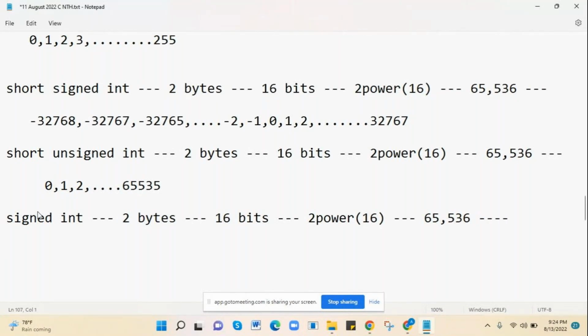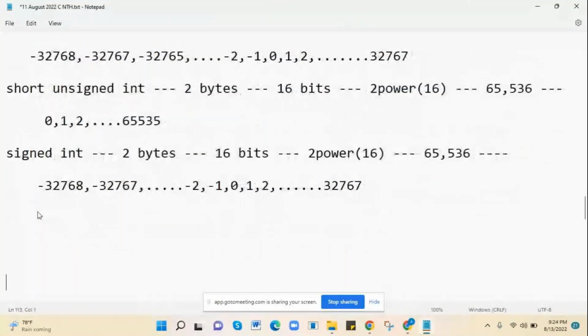So signed int is minus 32,768, minus 32,767, like that, minus 2, minus 1, 0, 1, 2, and so on till 32,767.